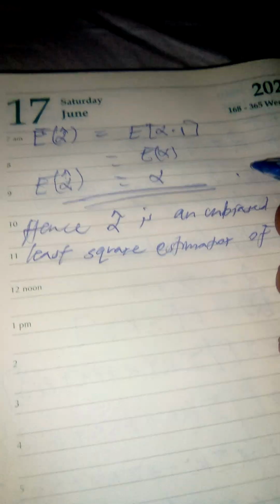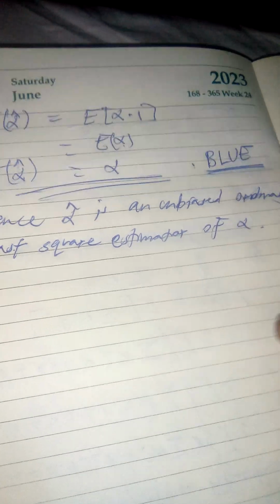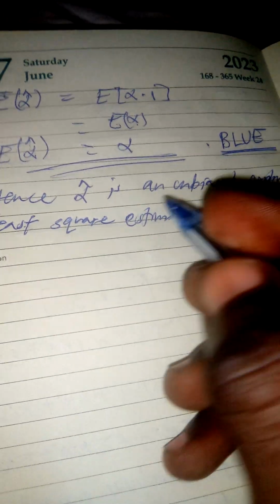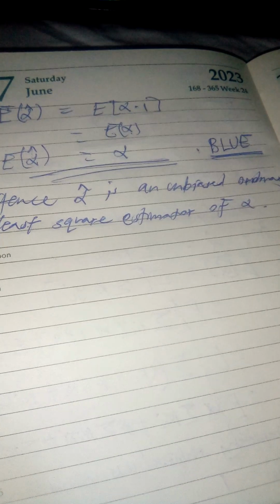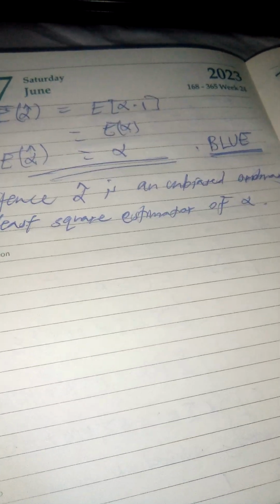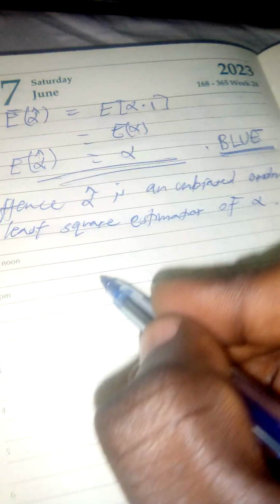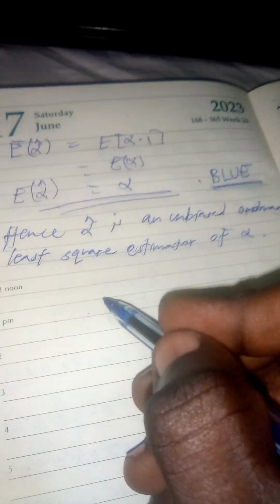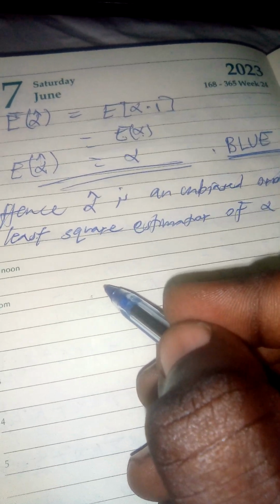Now we are going to check whether this estimator is the best. Remember from BLUE, you check whether it is the best estimator. As an estimator, it is best if it is more efficient. Being efficient means it should have the least variance amongst all other estimators.